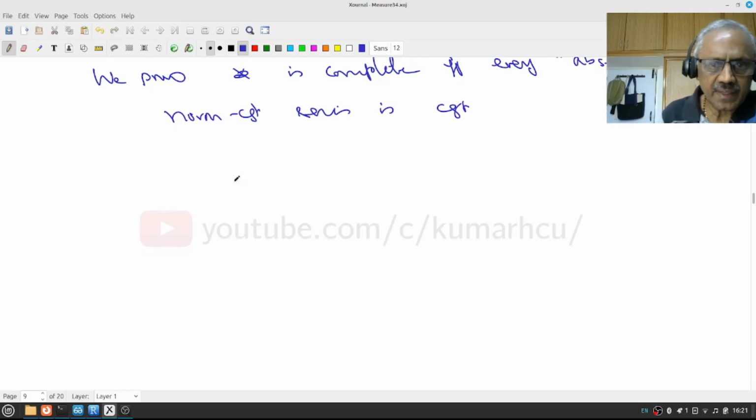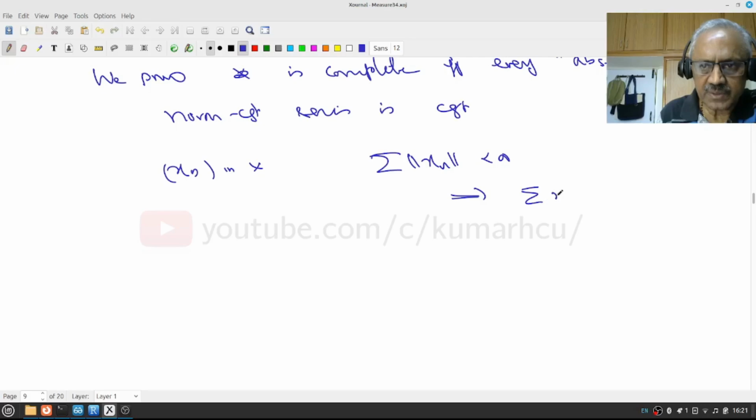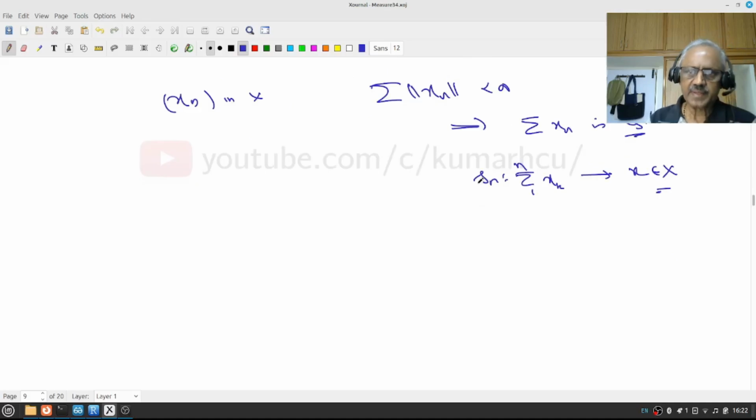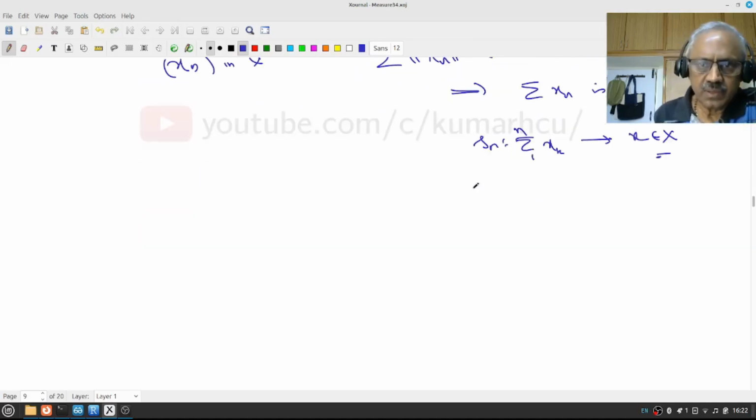What does that mean? If I have a sequence xn in X and the summation of norm xn is finite, then the summation of xn is convergent. That means the partial sums, the sum of xk from 1 to n, converge to some element x in X. Then x we call the summation.